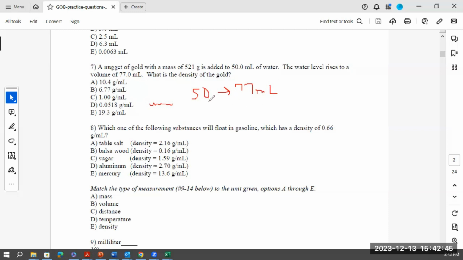So we take that difference, which is 27 milliliters. Then we take our mass, which is 521 grams. I should put my zero there so that I keep my sig figs right. And that's how we ended up with our 19.3.